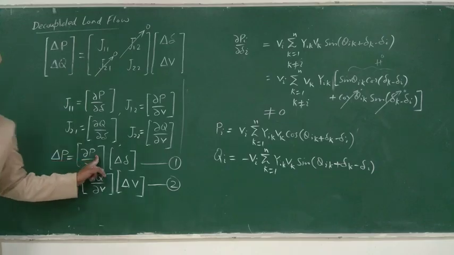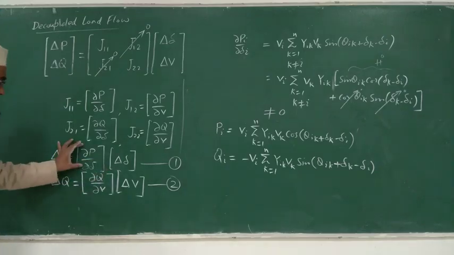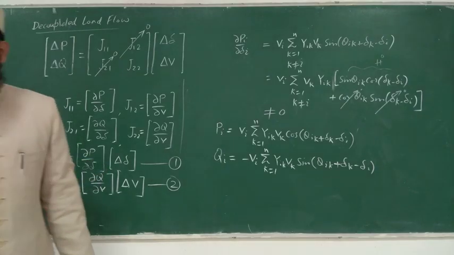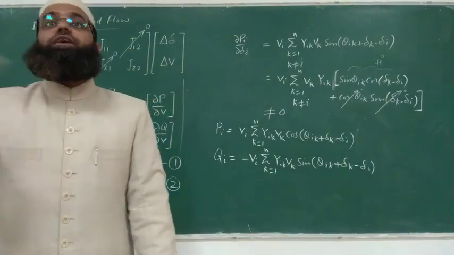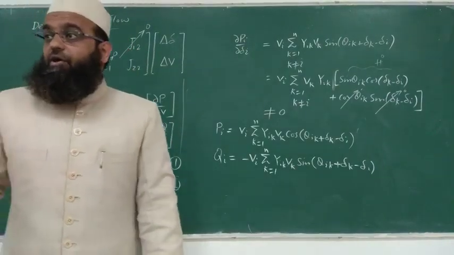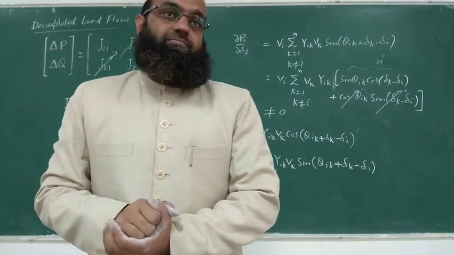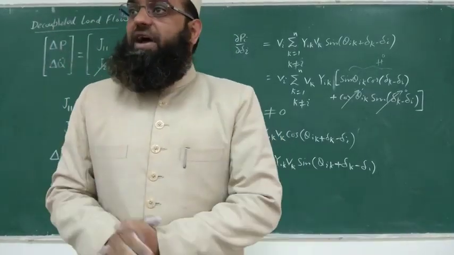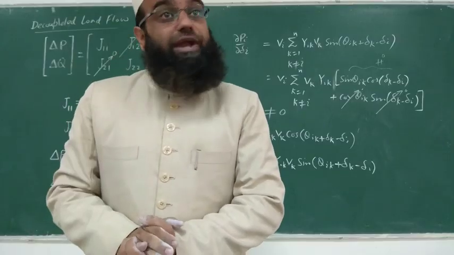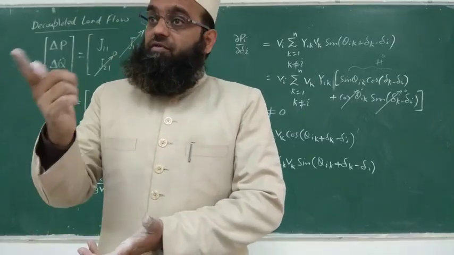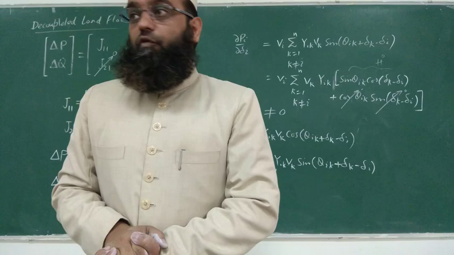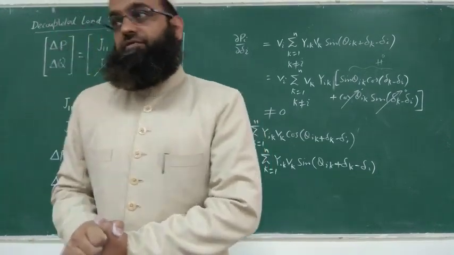With a further assumption this matrix will be constant, and that is known as the fast decoupled load flow method. There we will evaluate the Jacobian matrix once only, and later on there is no need to evaluate it because that matrix will be a constant matrix. So that will be known as the fast decoupled load flow method, which we will cover in the next class. Thank you very much.